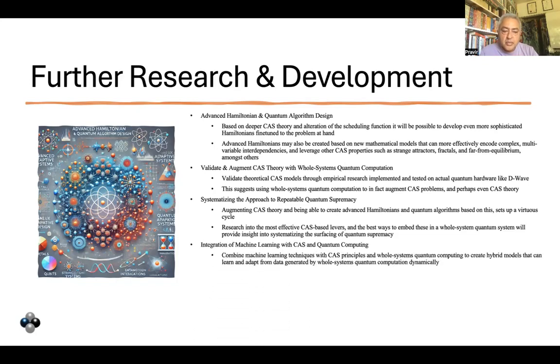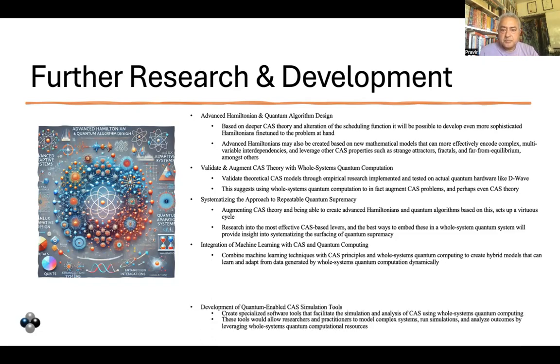There's also the opportunity for the integration of machine learning with CAS and quantum computing. Here we combine machine learning techniques with CAS principles and whole systems quantum computing to create hybrid models that can then learn and adapt from data generated by whole systems quantum computation dynamically.